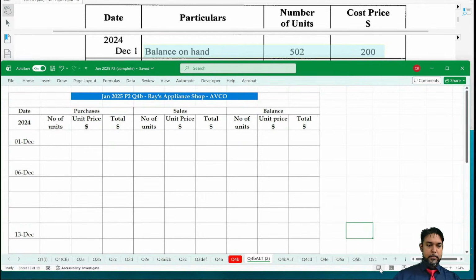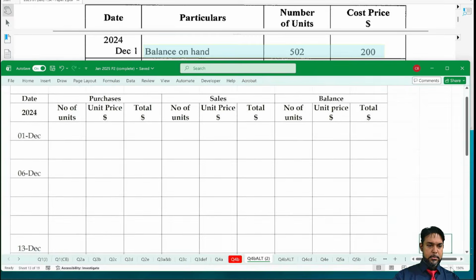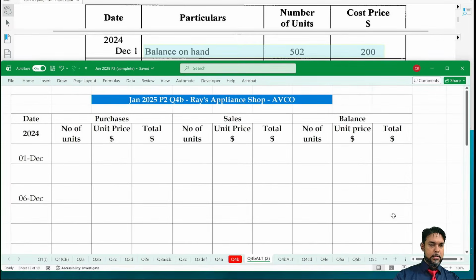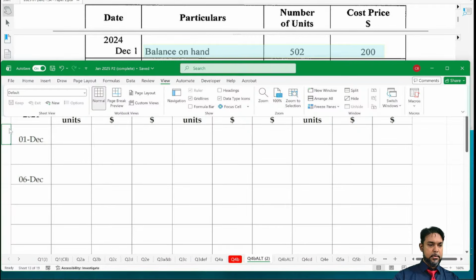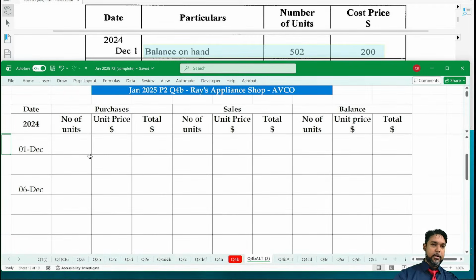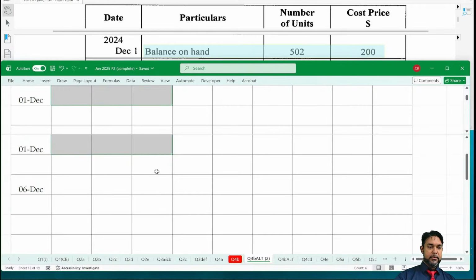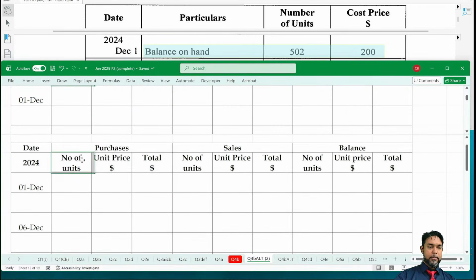Right, so I don't need that heading. I do need to go from here. Okay, well, they give me the heading. All right, so in December, we have a balance on hand at the start. This is the kind of usual thing they give us. One column for, sometimes they call it receipts or inflows: the number of units, unit price, total.